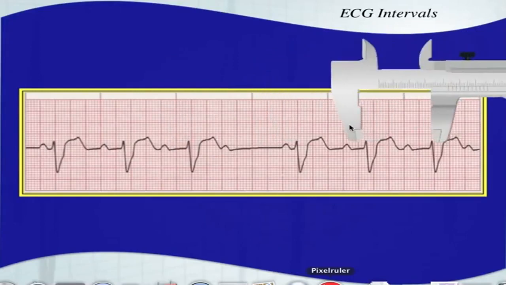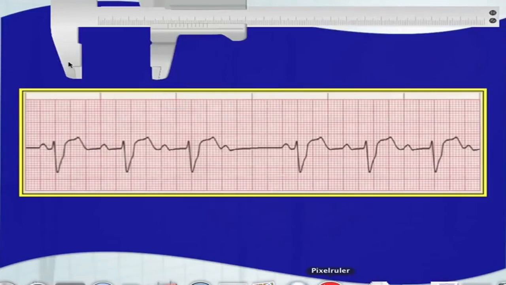No, that R interval's pretty close. So I would say that this one is regularly irregular because this rhythm's going to continue throughout. You have 1, 2, 3 beats, and then you have a space, and then you have another 1, 2, 3 beats, and then you probably have another space, and so on and so forth. And you'll see that that kind of fits certain types of rhythms. So that is regularly irregular.